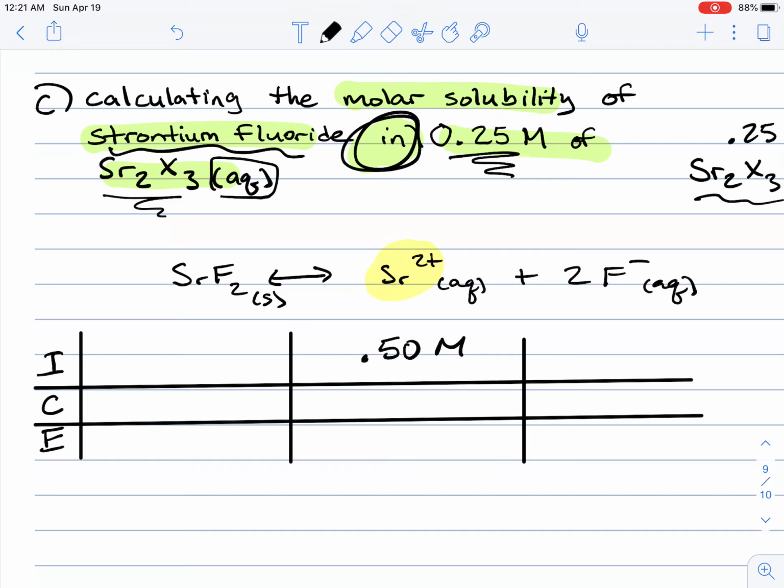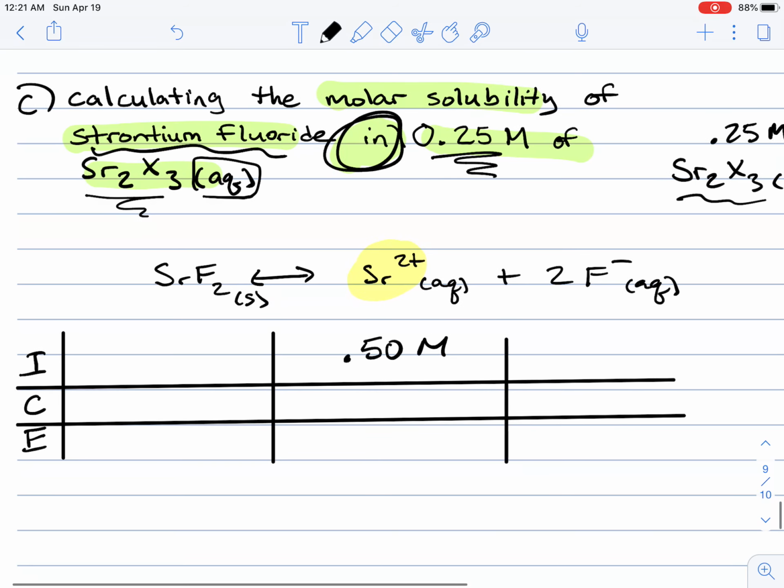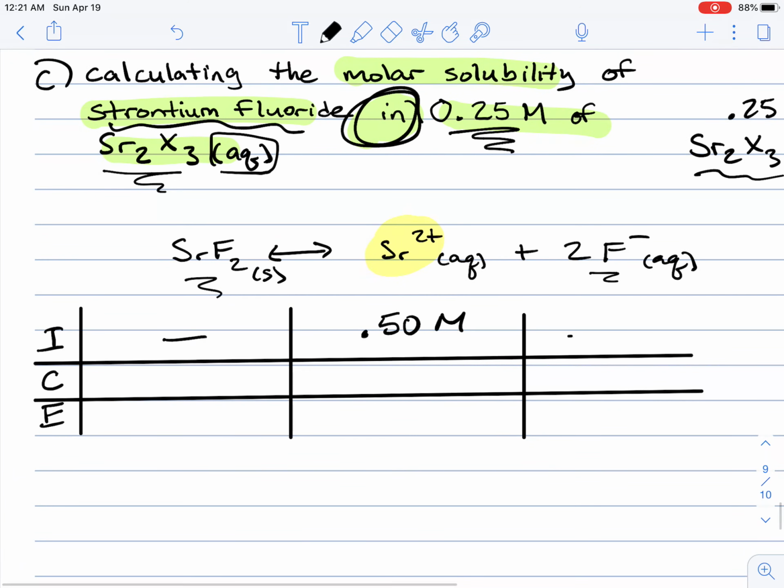Since there is no common ion for fluoride and no initial amount of strontium fluoride, we're going to ignore these two.